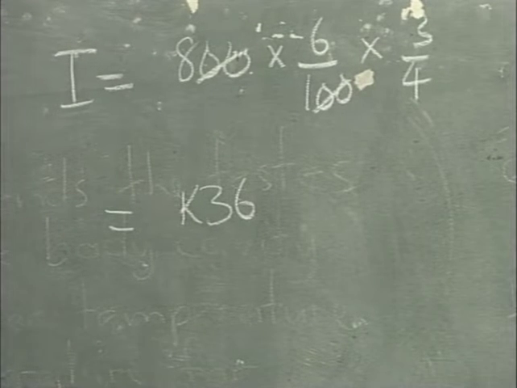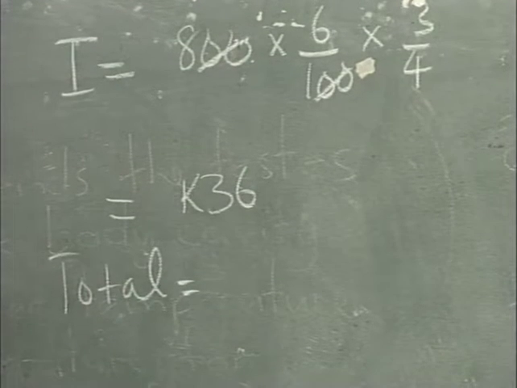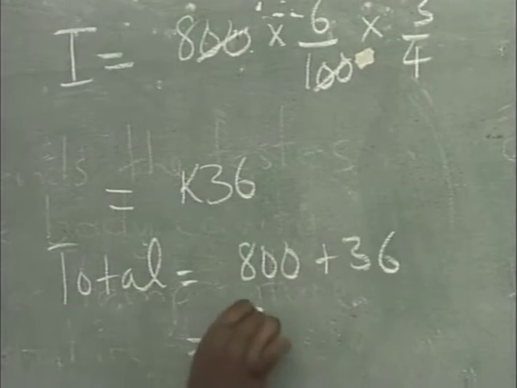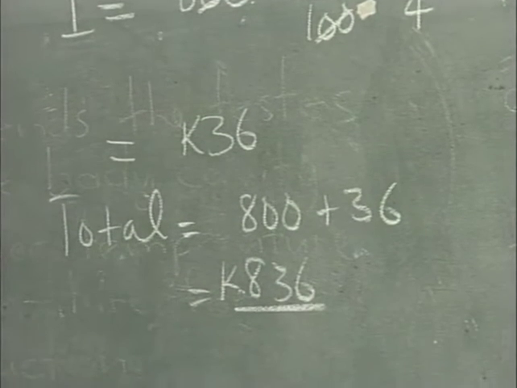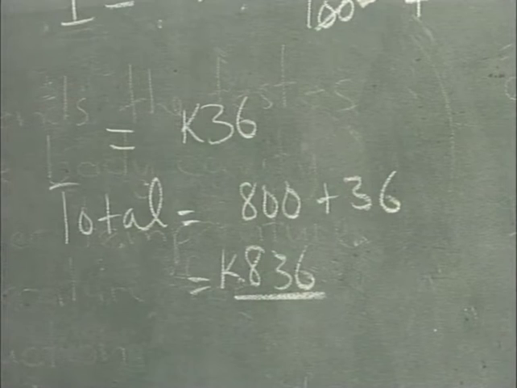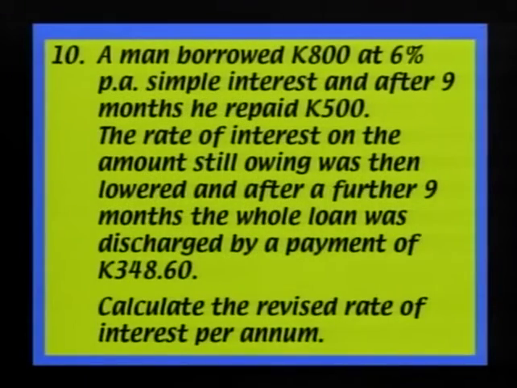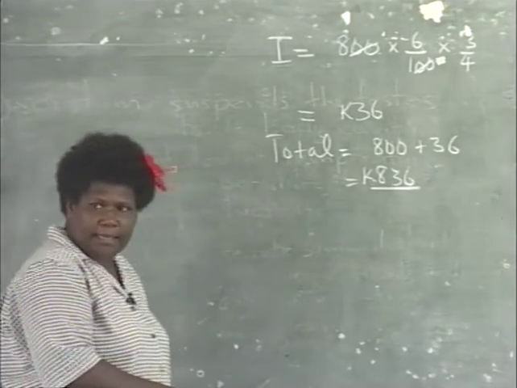Clear? So the total he has to pay back in 9 months is 800 plus 36 kina, which is 836 kina. But he only paid 500 kina because it says he paid 500 kina after 9 months. So we have to subtract that to see the amount of money that he has left to pay.